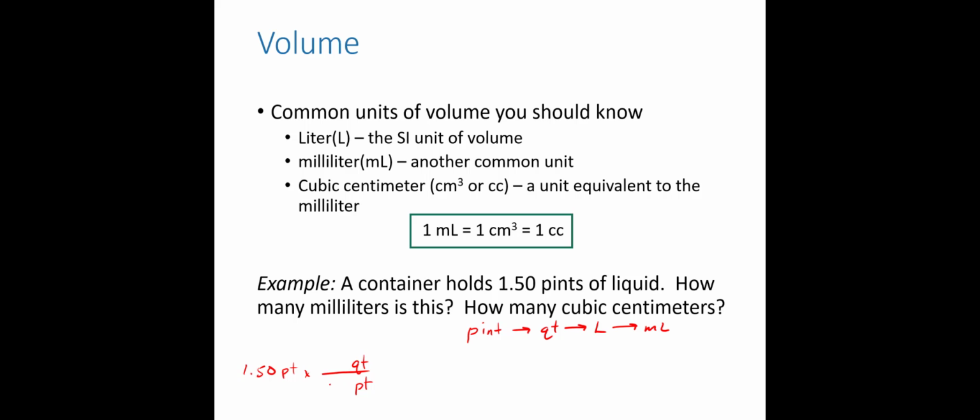So there are 2 pints in 1 quart. I can go ahead and cancel out pints now. I now want to go from quarts to liters. Well, I know that there are 1.06 quarts in 1 liter. So I can go ahead and cancel out quarts.